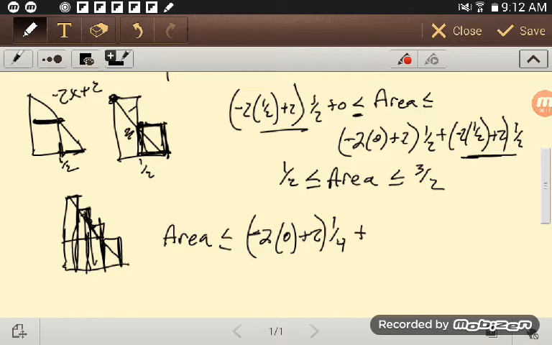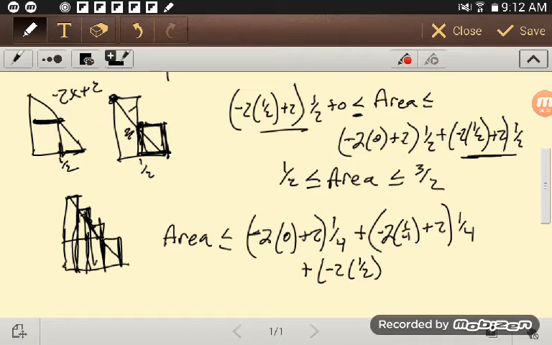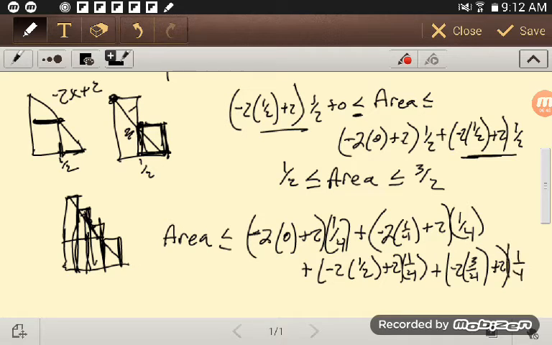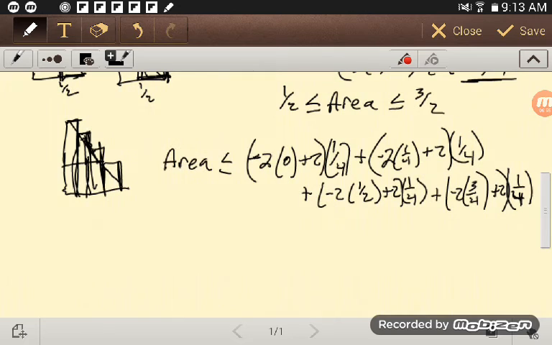Then the next rectangle is evaluated at 1/4, so that's minus 2 times 1/4 plus 2 times 1/4, plus negative 2 evaluated at a half plus 2 times 1/4, and then finally plus my negative 2 evaluated at 3/4 plus 2 times a 4th. Okay, so there's the upper bound on the area.